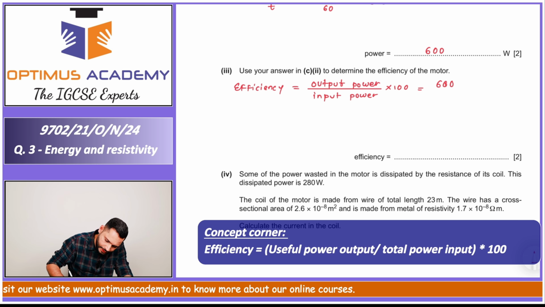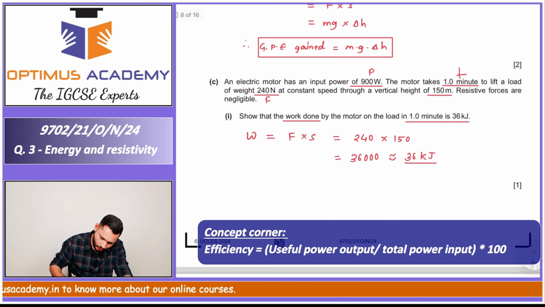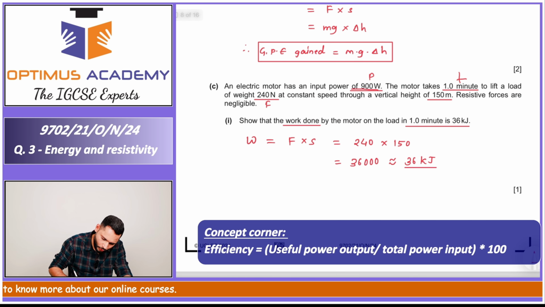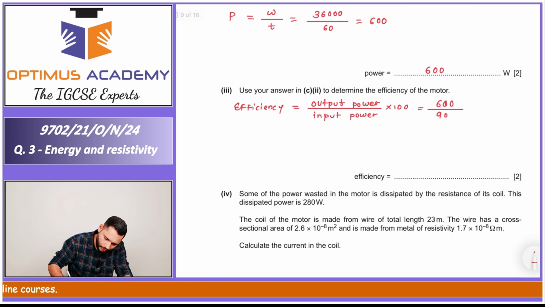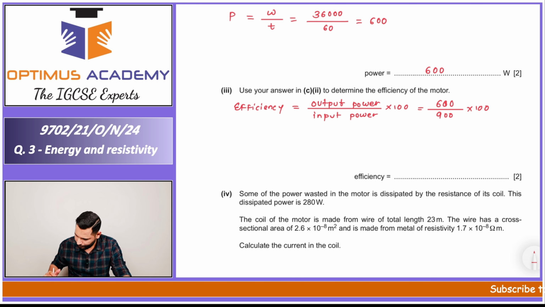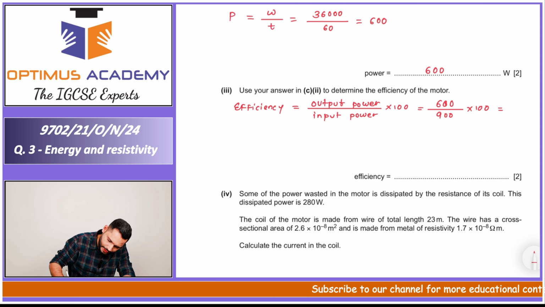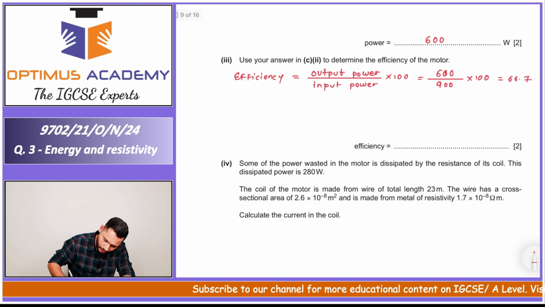It is 600. And how much was the total power input? It was 900 watt, which was given here. Okay, so it is 600 upon 900 into 100. And that gives us answer 66.7. So we can write 67%.